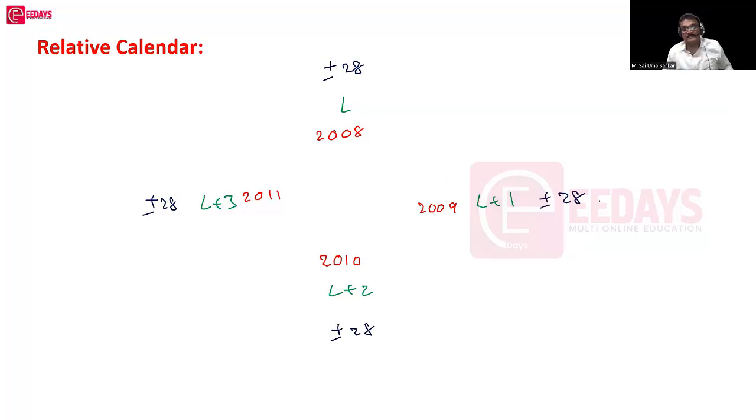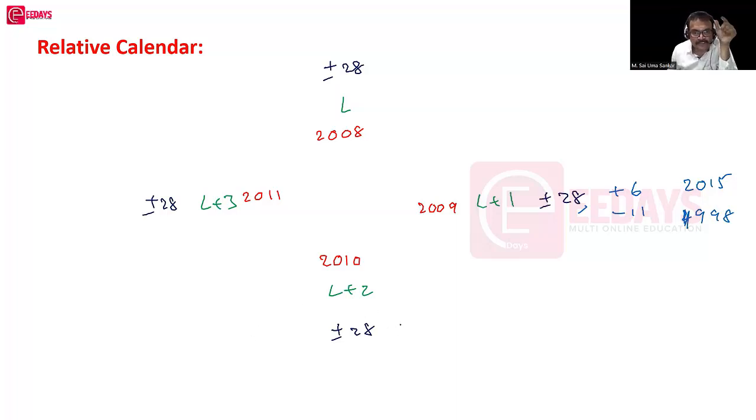Now, suppose the year is leap year plus 1. That year's calendar is after 6 years and before 11 years. That means 2009th year calendar is the same as 2015 and 1998 also, minus 11 years.